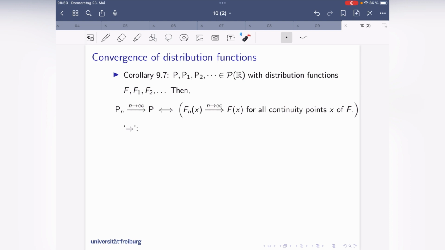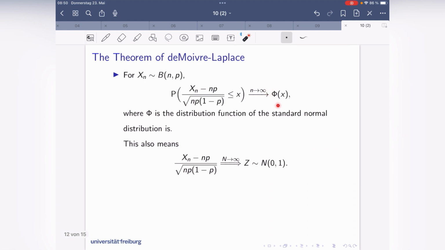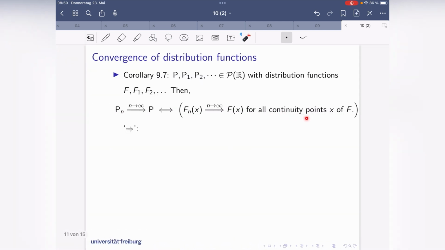So I have probability distributions with the distribution functions f1, f2, and so on. Then V convergence holds if and only if you have pointwise convergence for all continuity points of f. So here I have the limit distribution function, and then on all continuity points I have something here. Of course here that doesn't play a role, because the distribution function of the standard normal is continuous everywhere, so the continuity points are all points.